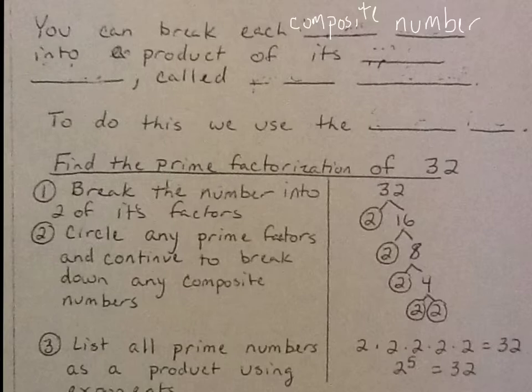Okay, a product is the answer to a multiplication problem. Okay, so meaning you can multiply two numbers together. Okay, so you can break each composite number into a product of its prime factors. So a factor is a number that can go into another number, called prime factorization.